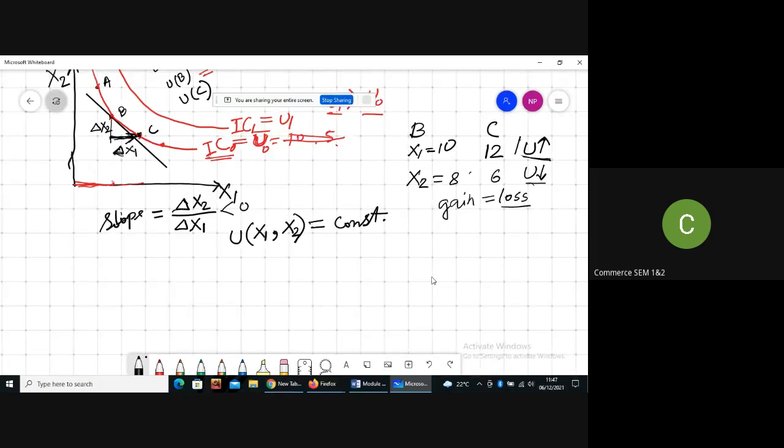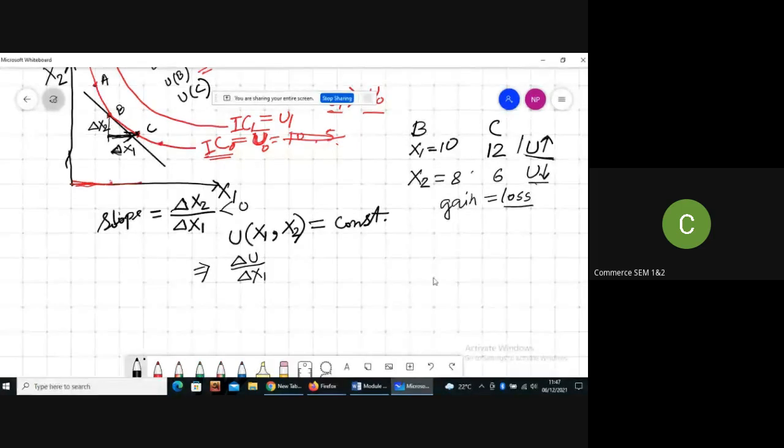Now if we differentiate this, delta u divided by delta x1, this term means if your commodity 1 changes by 1 unit, how much your utility will change, keeping the amount of x2 unchanged. Now, what is the total change in x1? The total change in x1 is delta x1.